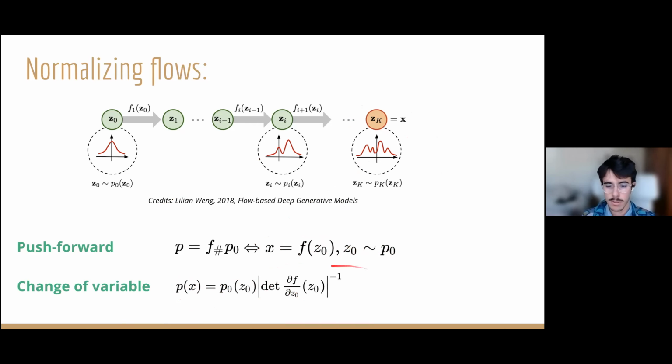The key is that this is in general hard to compute, and so the idea of this class of models is to design flows so that this is easy to compute. But there's a trade-off between this being easy to compute and the expressiveness of your flow, and hence the expressiveness of your class of probability distributions. So that's for Euclidean normalizing flows, on Euclidean spaces, or I guess generic spaces.